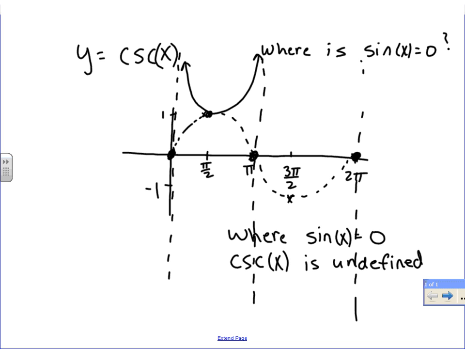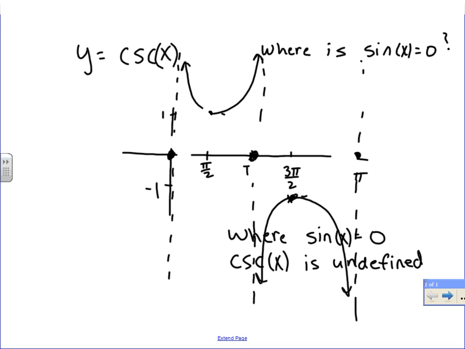And then down here, the curves would chase the lines downward. Now I can go back and erase the sine part, and I've got the graph of cosecant x. Anytime I graph cosecant x, I start off with sine. If I can graph sine, then graphing cosecant is not that much more of a step.